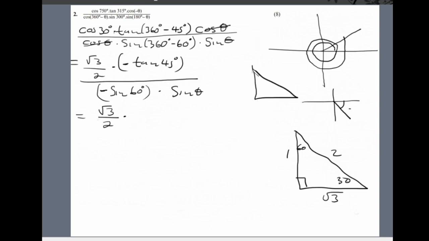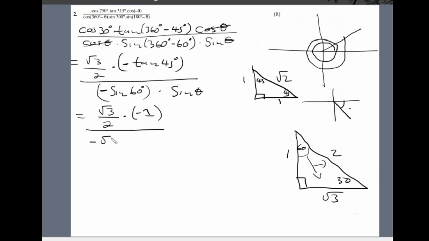Another special triangle is the 45 degrees one: 45, 45, 90. Tan 45 is 1 over 1, and here we have root 2. So tan 45 is 1, so minus 1 here. And then sine 60, it's opposite over hypotenuse, it's root 3 over 2.